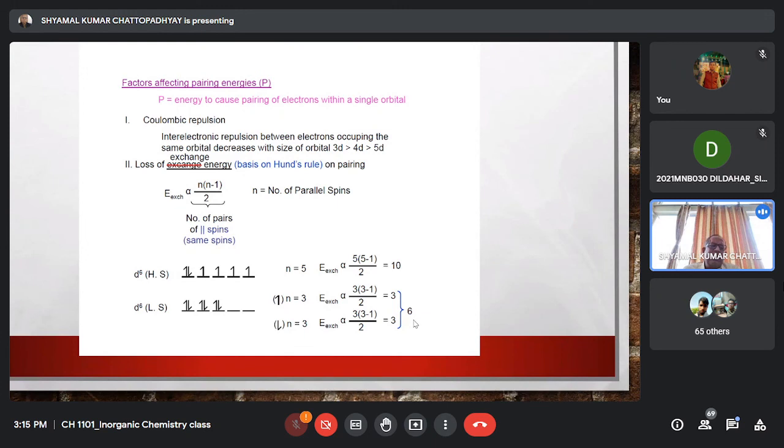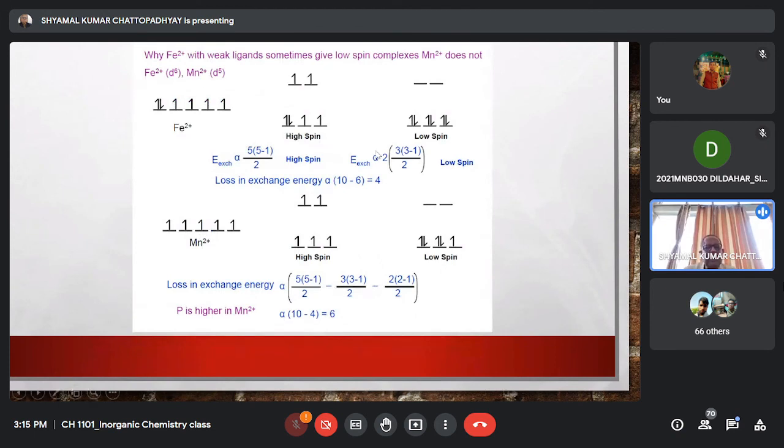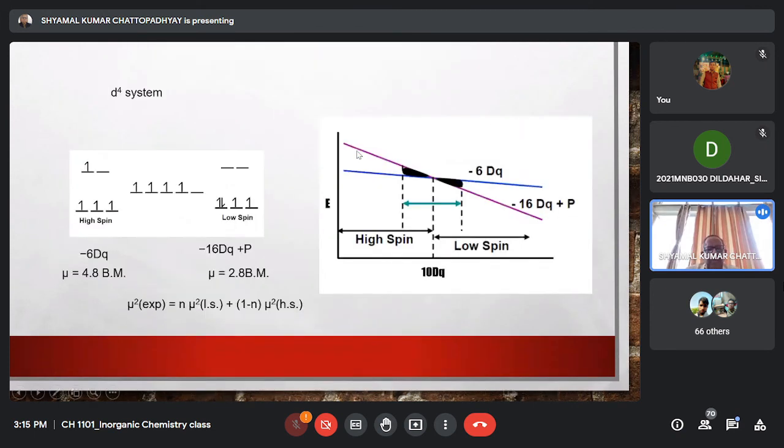One is the increase of electron repulsion due to housing of two electrons in the same orbital, which causes electrostatic repulsion. The other is that pairing of electrons leads to loss of exchange energy, and loss of exchange energy leads to decrease in stability. I shall stop it here. In the next class, we shall discuss the high spin, low spin equilibrium problem, and then we shall go to the Jahn-Teller effect. Thank you.